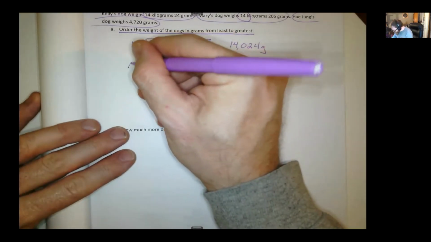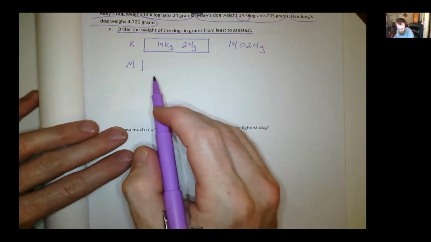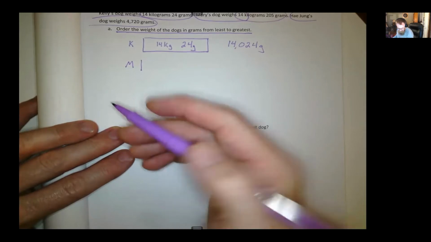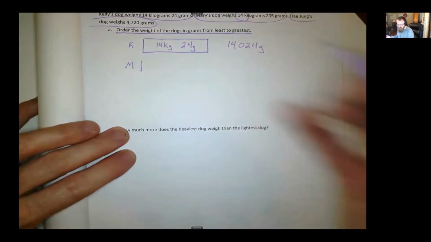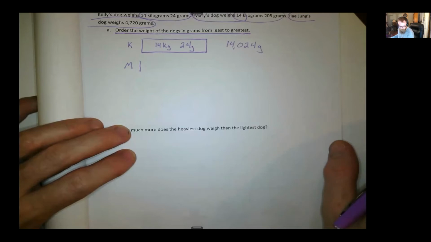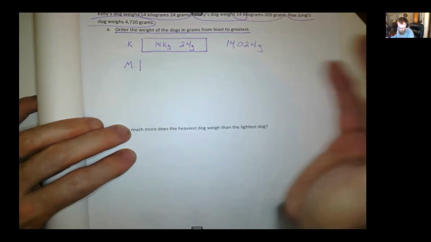Mary's dog is pretty similar in weight, but we can tell with a quick comparison of these weights that Mary's dog weighs a little bit more, right? They both weigh 14 kilograms, but Kelly's dog only weighs 24 grams more than 14 kilograms. Mary's dog weighs 205 kilograms more. Or I'm sorry, 205 grams more than 14 kilograms.